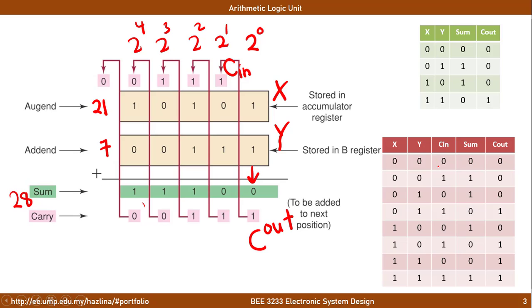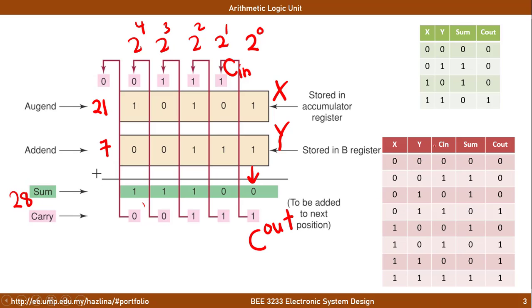Say for example c in is 1, so 0 plus 0 plus 1 is equivalent to 1, which denotes sum as 1 and 0 for carry out. This continues until, look at this example, 1 plus 1, which is equivalent to 2. So in this case, sum is equivalent to 0, whereas the carry out bit is equivalent to 1. And this is followed through until all the sequence is covered.